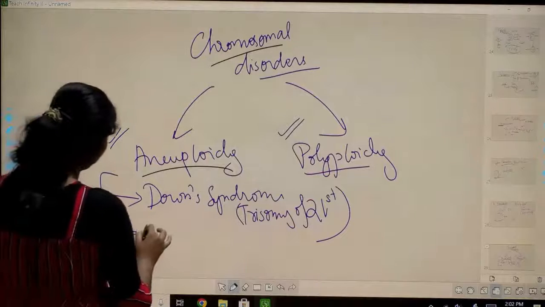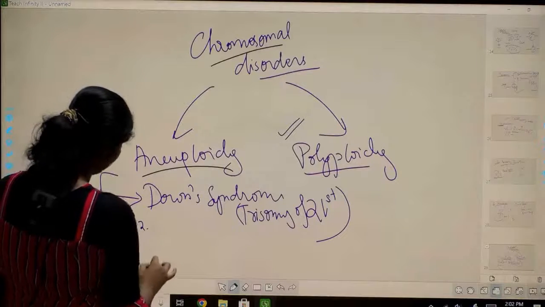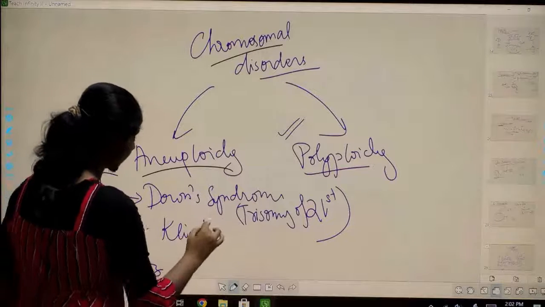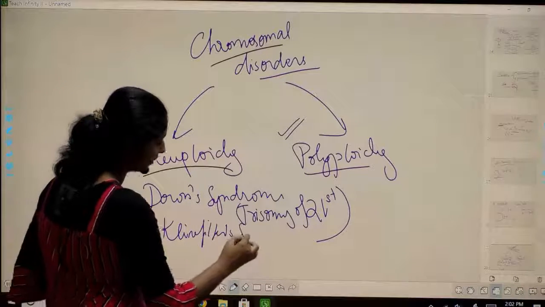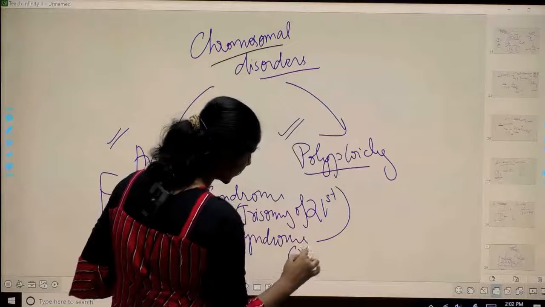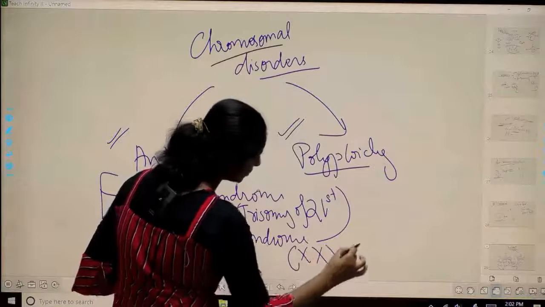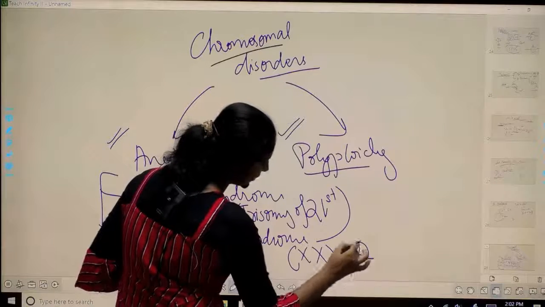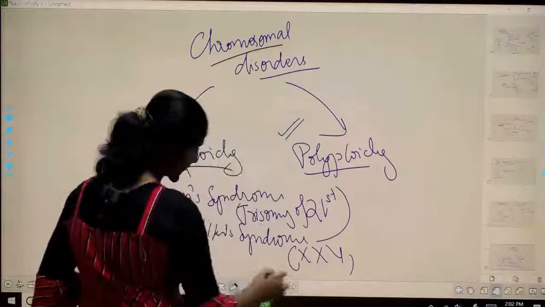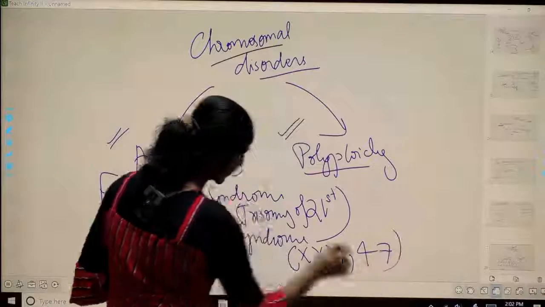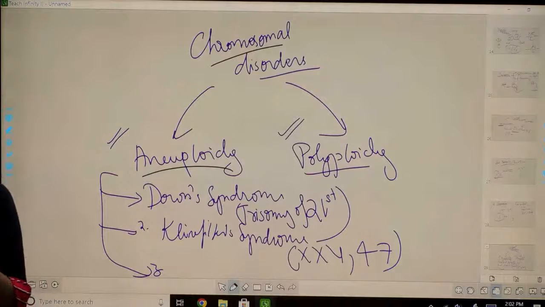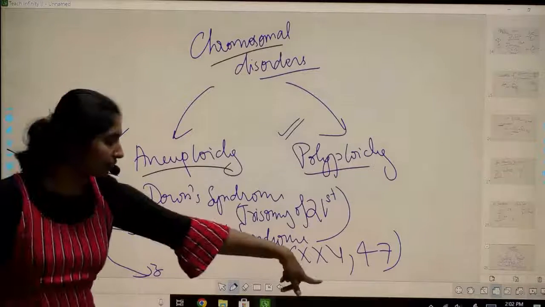Now let's look at the second disease, that is Klinefelter's. Klinefelter syndrome results due to an additional X copy. The people who have Klinefelter syndrome are basically males, so they are going to have XY.